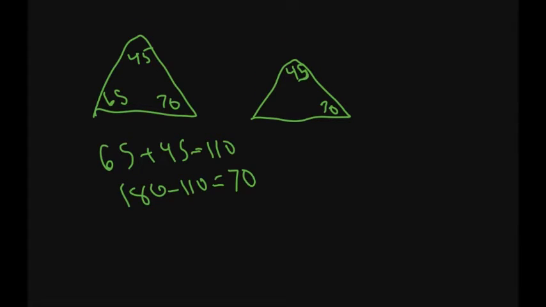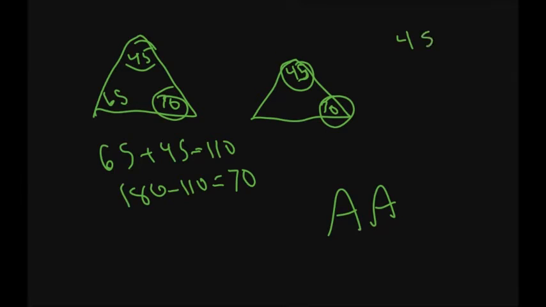So what you can see here is I have some similar angle measures. I got 45 and 70 in both of those. So they are similar based on the angle postulate. If two of the angles are congruent, that means by default the third angle is also going to be congruent. If we work that out, we can prove it, just so you can see it, but you'll see that it works out.